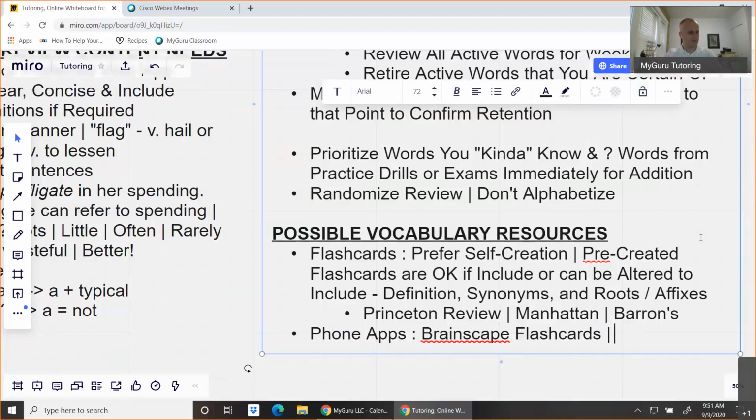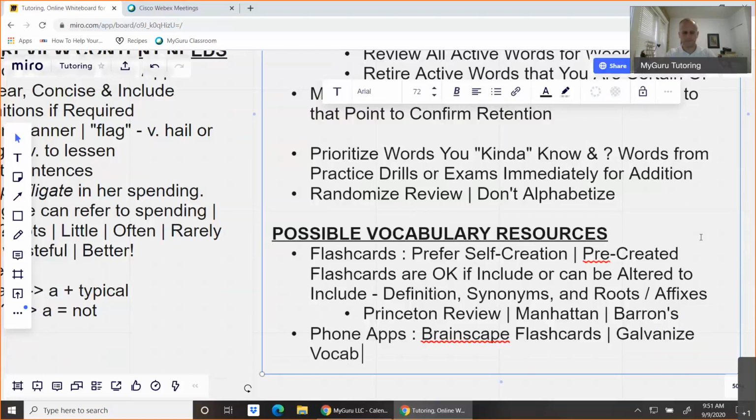I've also been told that the Galvanize vocab builder, which is for test prep generally, I believe not only for the GRE but also TOEFL, ACT, SAT, as well as everybody's favorite, the Magoosh vocabulary.